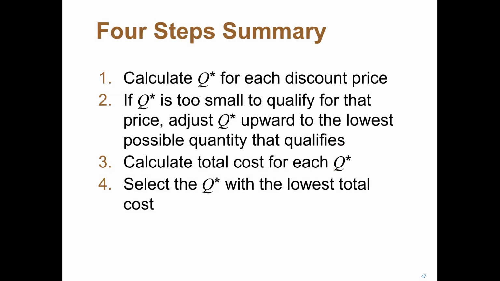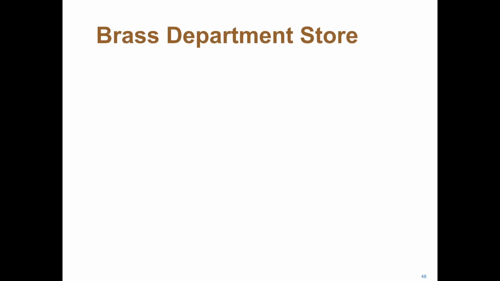So in a nutshell, we have a 4-step summary. Calculate the Q star, or economic order quantity, for each discount price. If Q star is too small to qualify for that price, adjust Q optimal upward to the lowest possible quantity that qualifies. That's what we did.